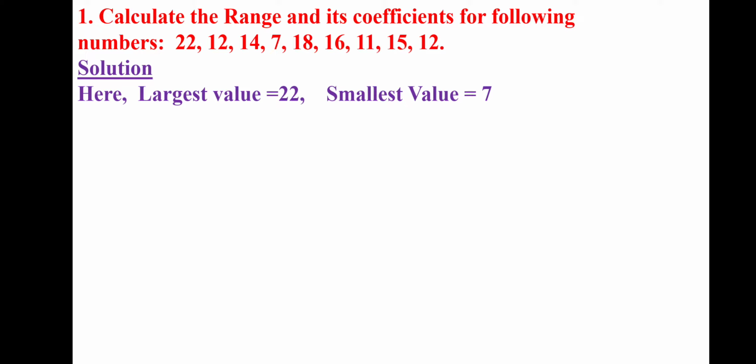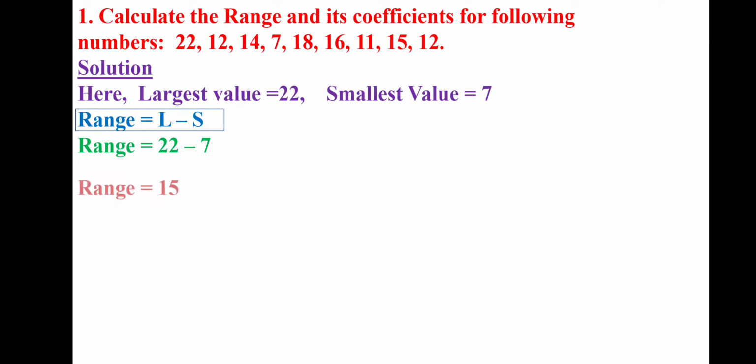In this given data, 22 is the largest value, smallest value is 7. So the formula is written: range equals L minus S, largest value minus smallest value. 22 minus 7, we will get 15. So this is the range value.